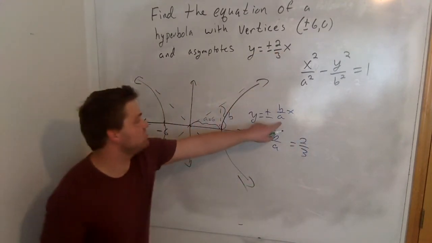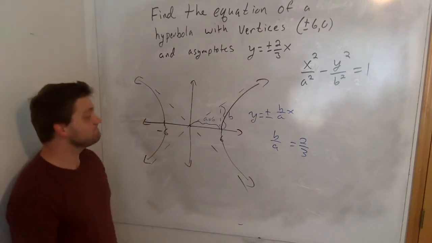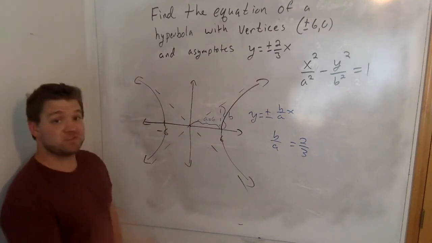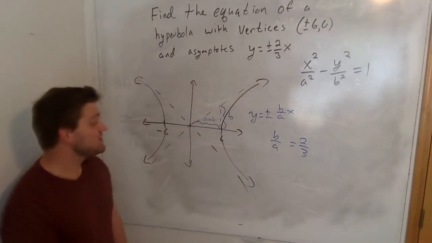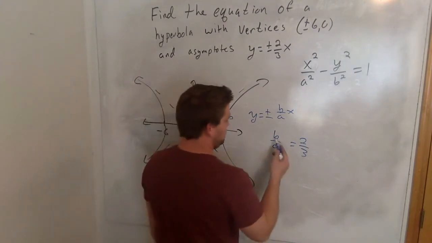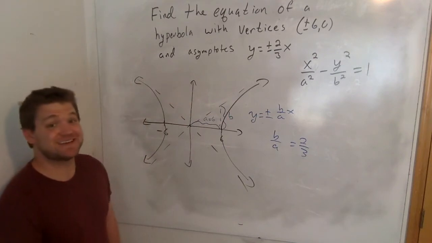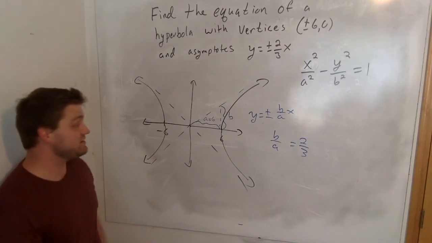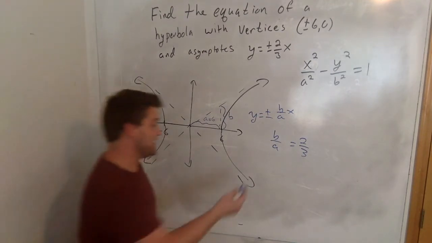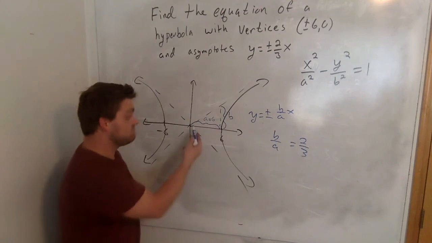We're just matching up these slopes here. One of the most common mistakes I see students make is to say, well, b must be 2 and a must be 3. That's actually not the case. It may be true in some examples, but it won't be true in general. And actually, we can see in this case that it's not true that a is 3, because a is 6 here.